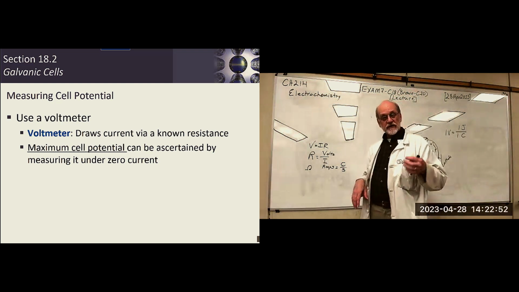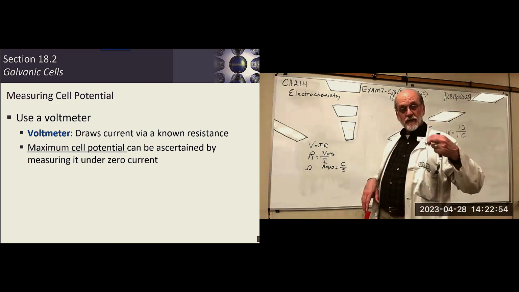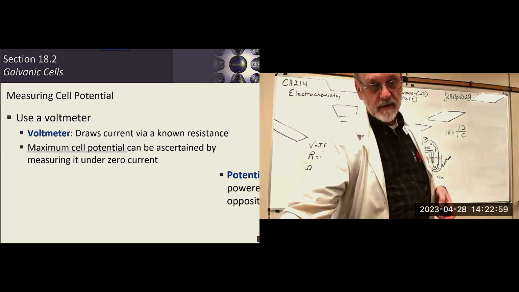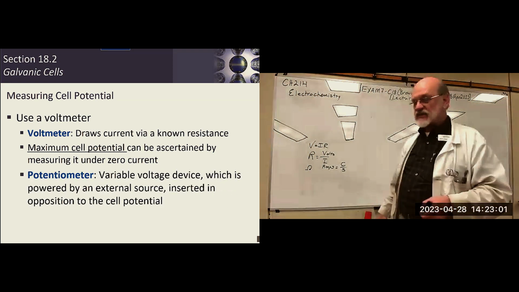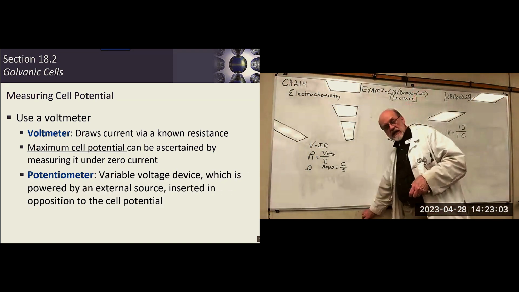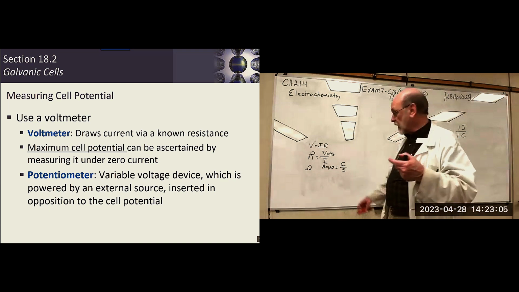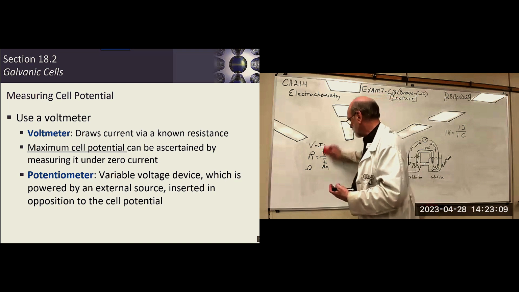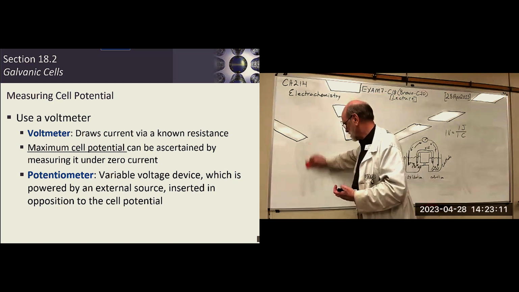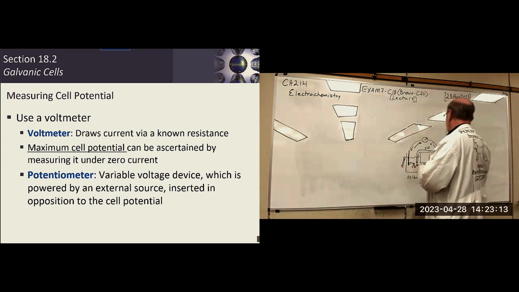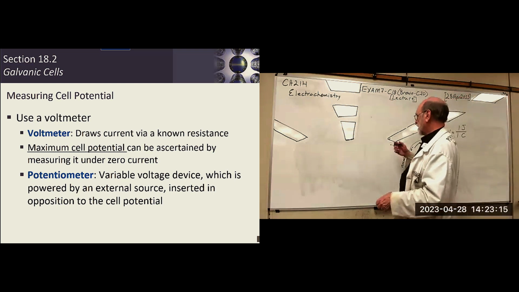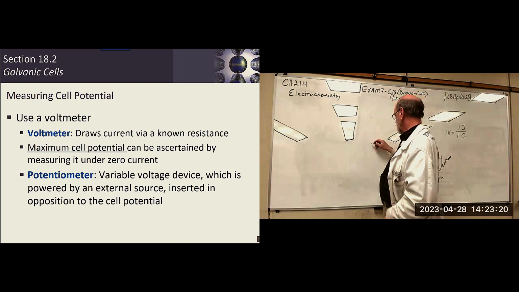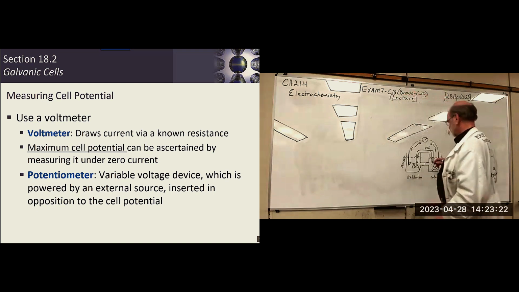But there's a better way to determine the maximum cell potential, and that's using a potentiometer. A potentiometer gives you values that are similar, like volts. But what a potentiometer does is it takes a circuit.